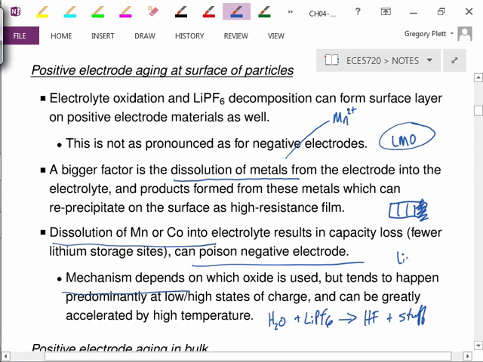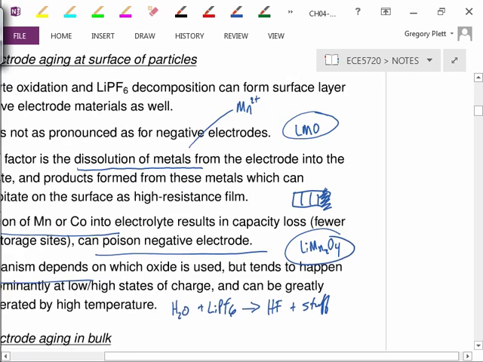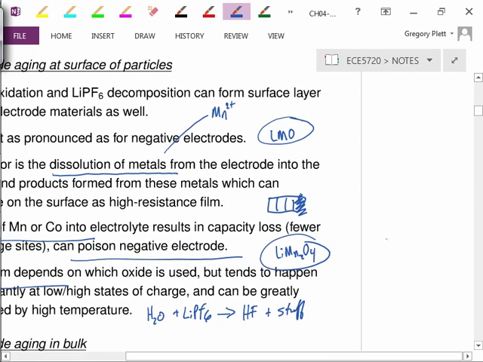So I've got LiMn2O4 for LMO, and inside of this manganese structure, if you remember pictures from last semester, we've got these interesting shapes of how the electrons and the atoms are bonded together inside of the crystal structure.